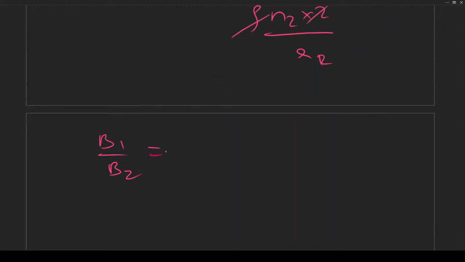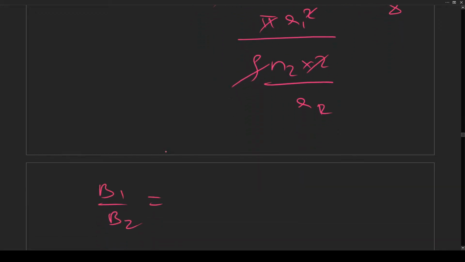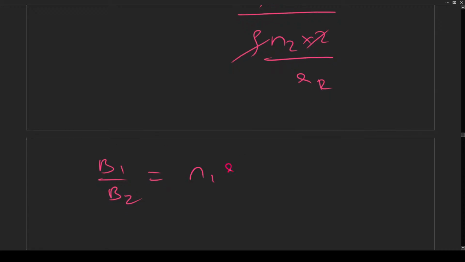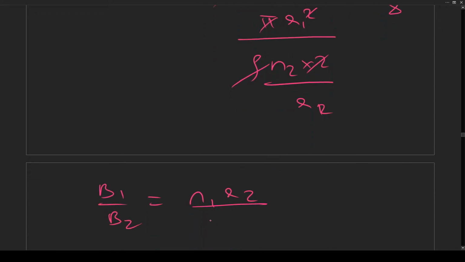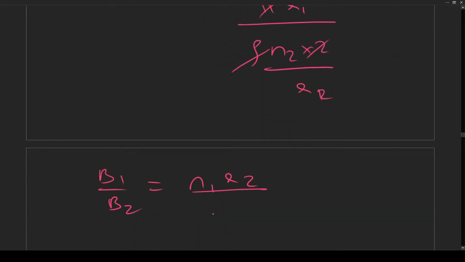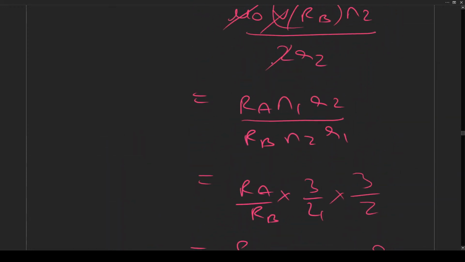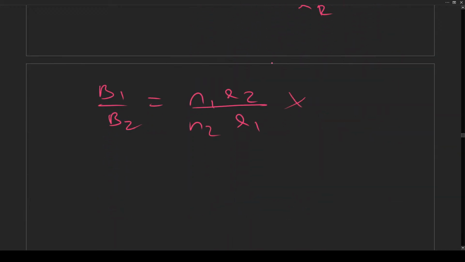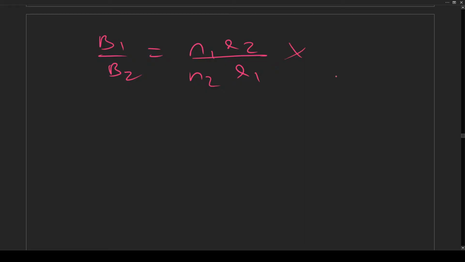B1 by B2, which is equal to N1 r2 by N2 r1 times, before substituting, N1 by N2 r2 by r1.